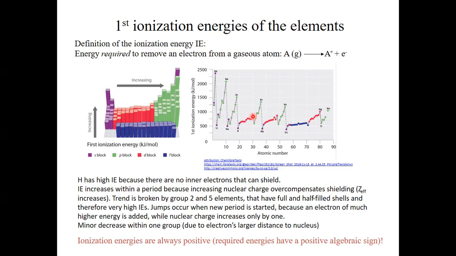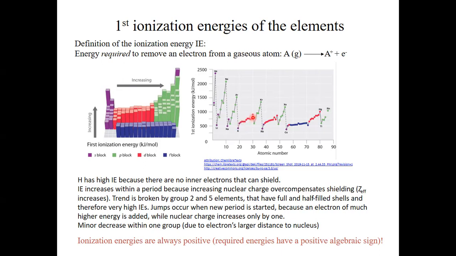For that reason, the nucleus cannot pull the outermost electrons, which are still 4s electrons, so tightly to the nucleus and bind them that strongly. For that reason, we are seeing a far less steep increase.